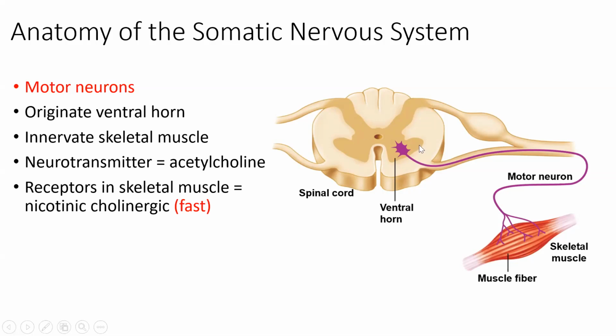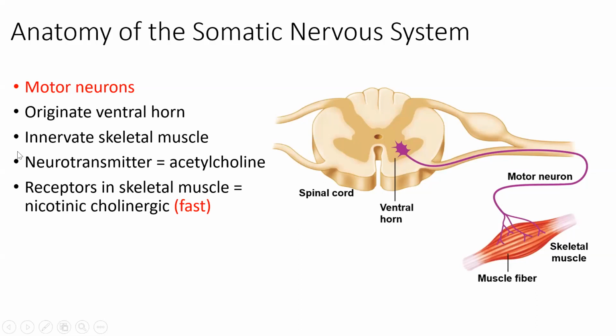So a big difference in terms of where these fibers originate. Another big difference is the fact that they innervate skeletal muscle only. So none of our smooth muscle, none of our glandular tissue, none of the involuntary tissues that we talked about last week are innervated by these types of neurons, only muscles that we can voluntarily control.